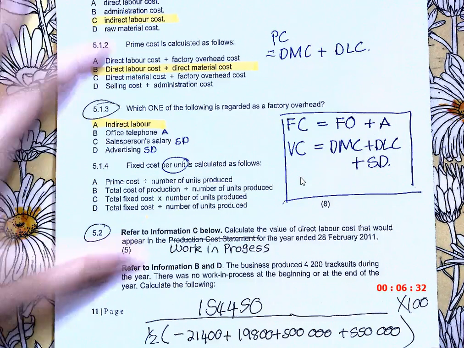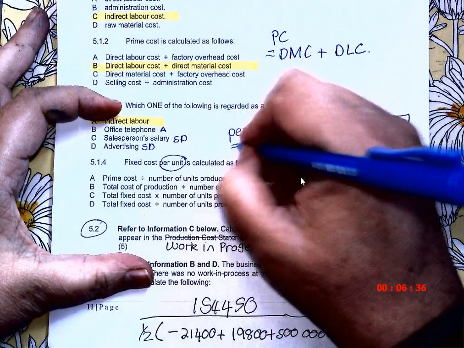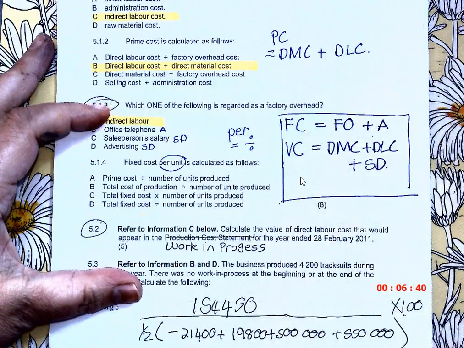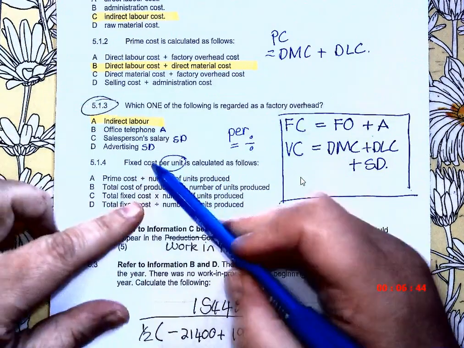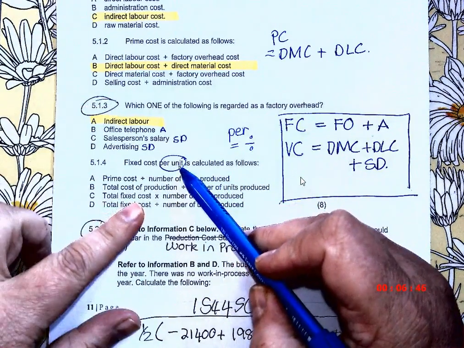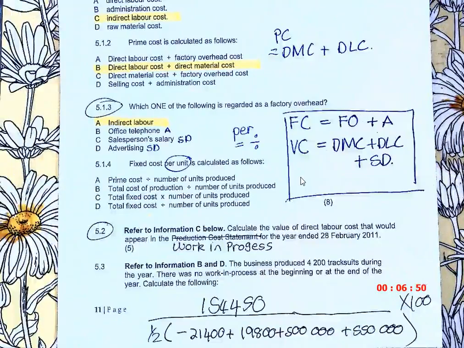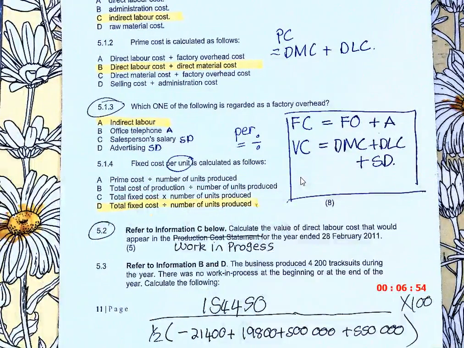Remember, the moment you hear the word per, it's a dividing. So per, you're going to divide the fixed cost by the units. Can you see which one that would be? D. So if I say to you, calculate for me the variable direct labor cost per unit, what would be on top? What would be at the bottom?